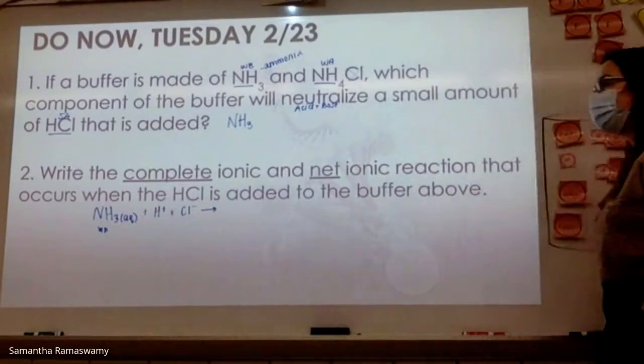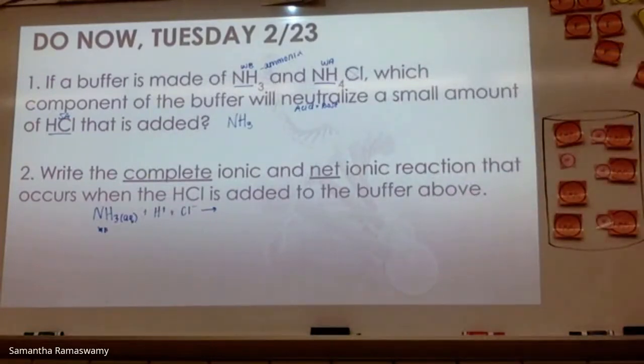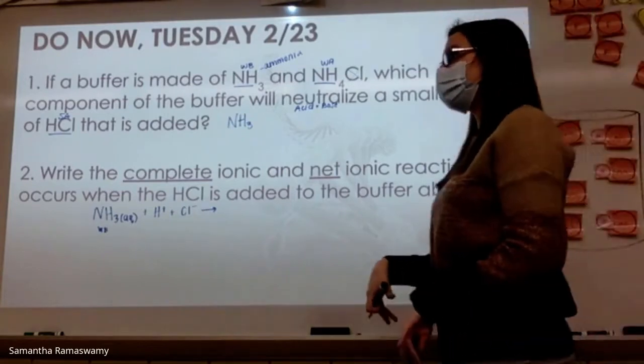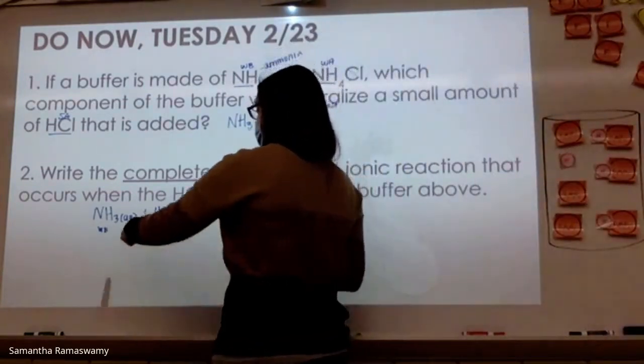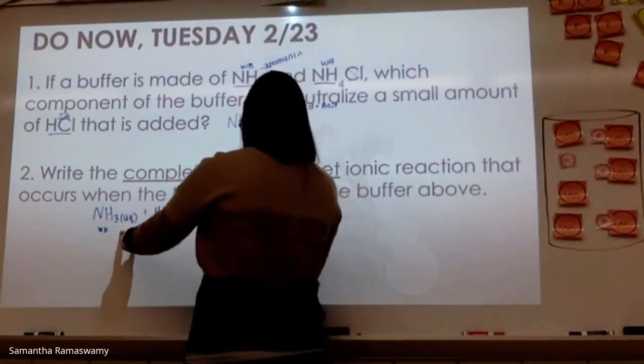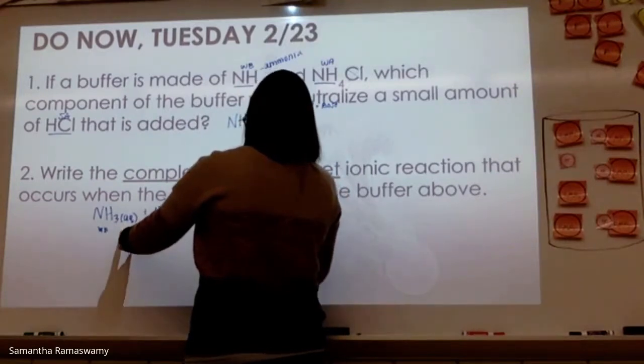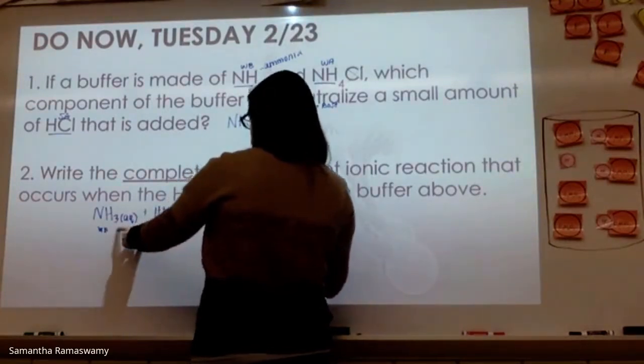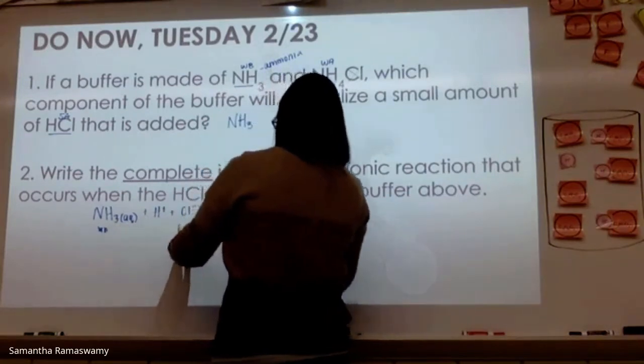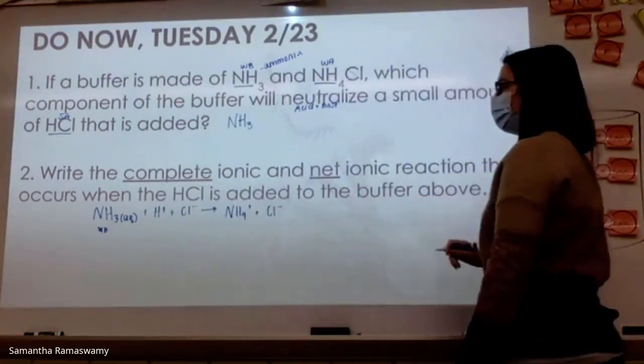Now think about what it means to be a base. A base will accept a proton. So NH3 will accept an H+. It's going to become NH4+. Then we just have the Cl- left over.